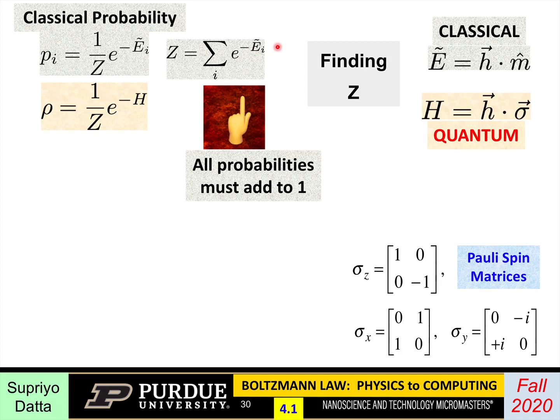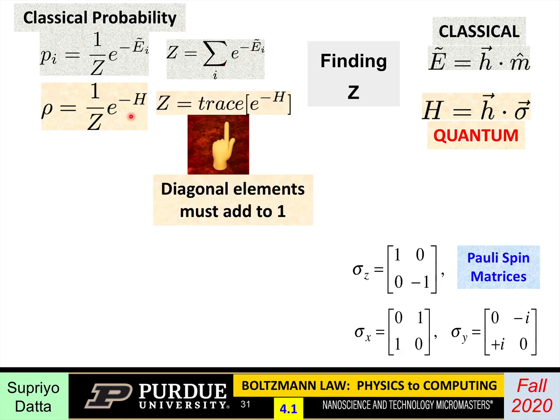The corresponding thing from the quantum law is that the diagonal elements of the density matrix represent a probability and they must add up to 1, which means the trace of rho must be equal to 1. And that leads to the condition that this quantity in the denominator should be equal to the trace of e to the power minus H.